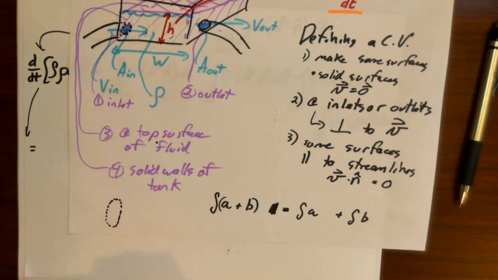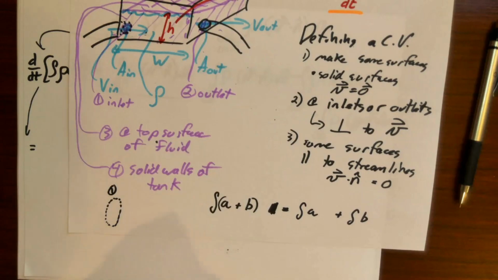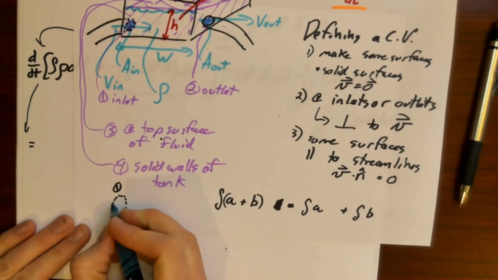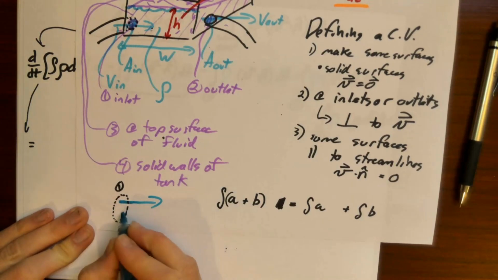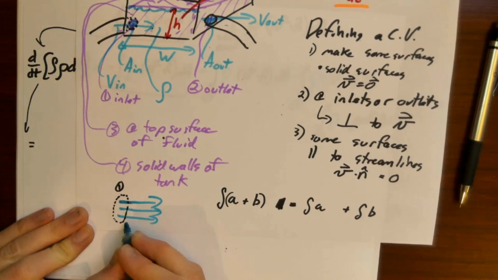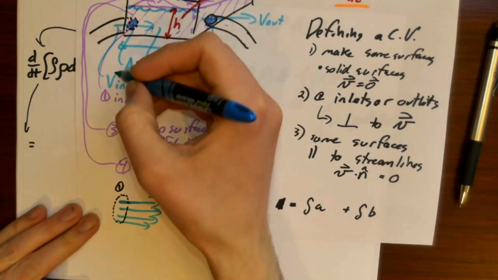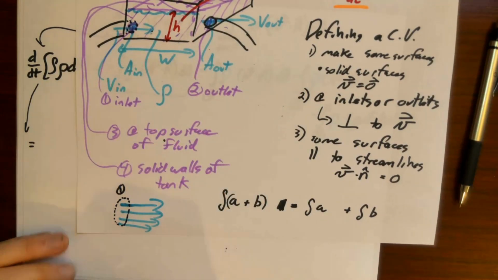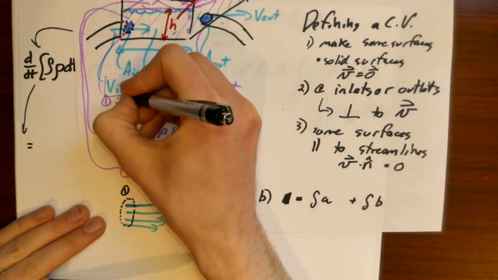So if I think about surface 1, my velocity, v in, is entering the control volume this way. And let's just assume that v in is uniform. I guess we could maybe take this as a given.